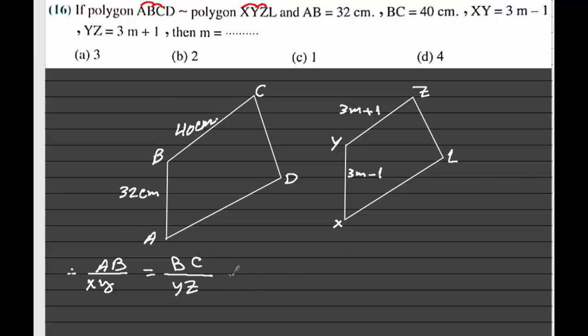So what is the length of AB? It is 32 over XY, which is 3m minus 1, equals BC of length 40 over YZ, which equals 3m plus 1.